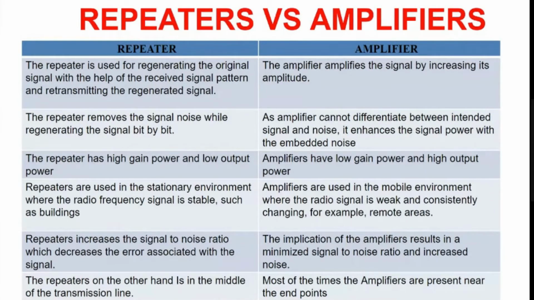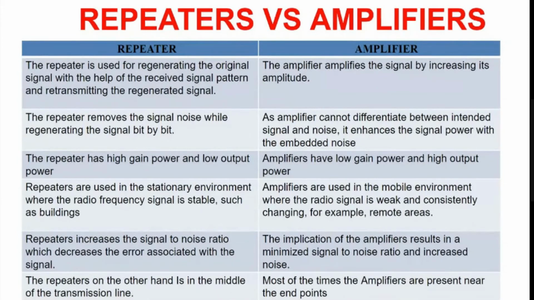Whatever is received is automatically regenerated and sent in the original pattern. But on the amplifier side, the amplifier boosts up the signal by increasing the amplitude. At that time the problems of noise and attenuation will occur, right? So the amplifier amplifies the signal by increasing its amplitude.